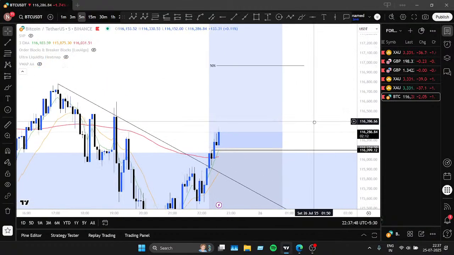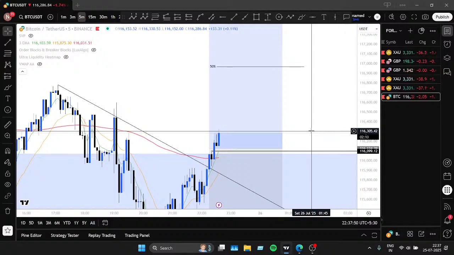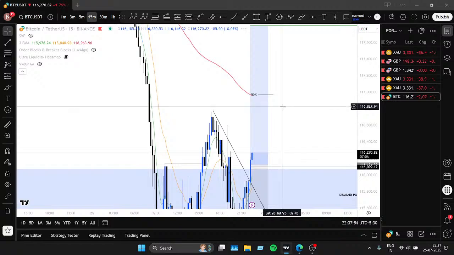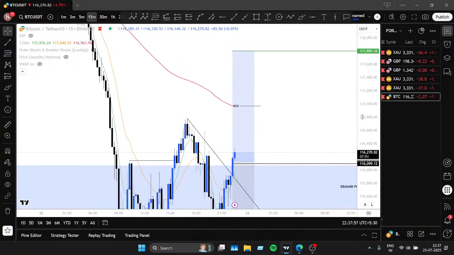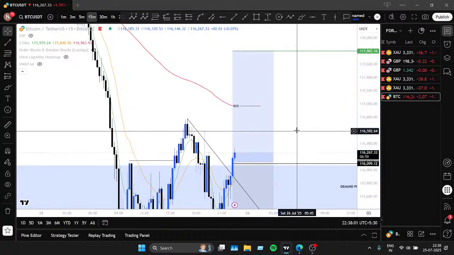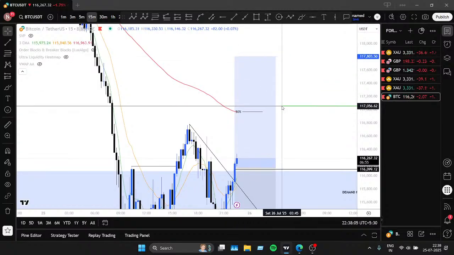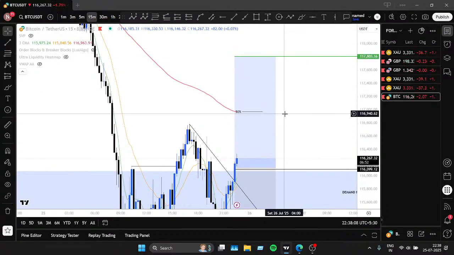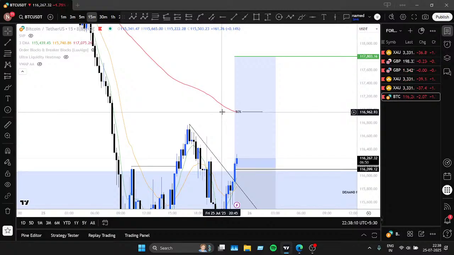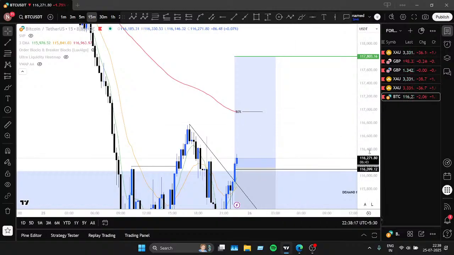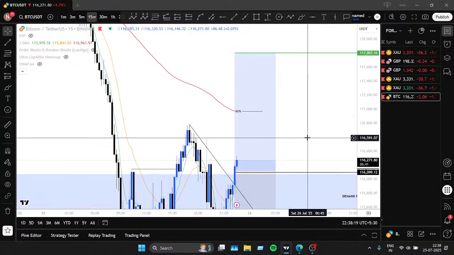For right now we are having a good momentum to the upside, so I hope it continues. And for the partial, it depends upon your intuition. You can book partial at this zone, or 1:1, or at this psychological resistance, this very strong EMA. Otherwise, before the market closes for this week, you can book all your profits.